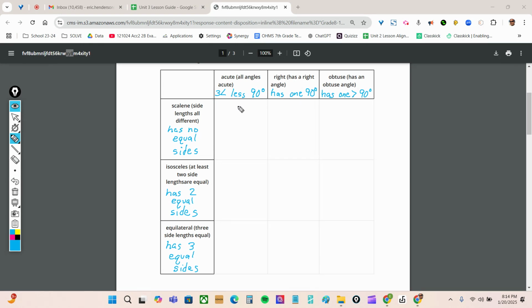So right here, you're going to draw an acute triangle that is also scalene at the same time. And then this is a right triangle that has no equal sides. So work on that with your partner. Take a minute and try to predict what the answers are.